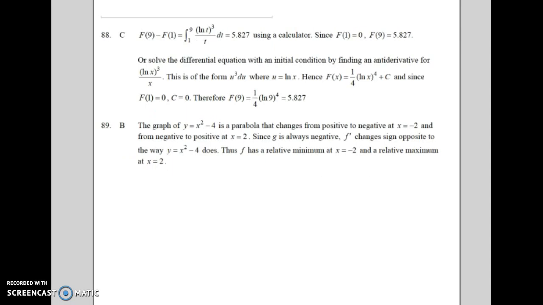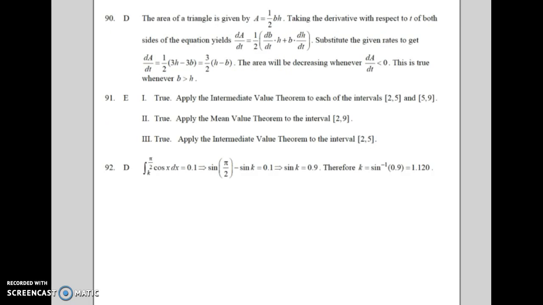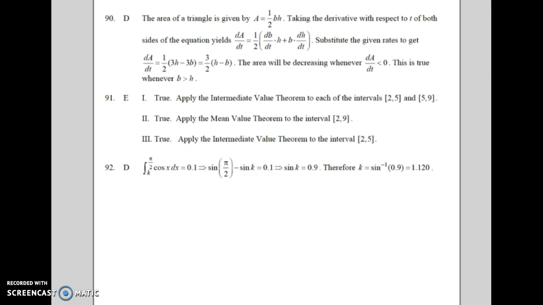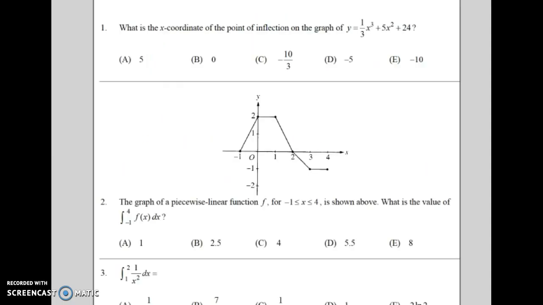Again, pause if you need to. 88 to 89. And finally 90 to 92. Again, some of these might not make sense because you didn't have your calculator. Okay.